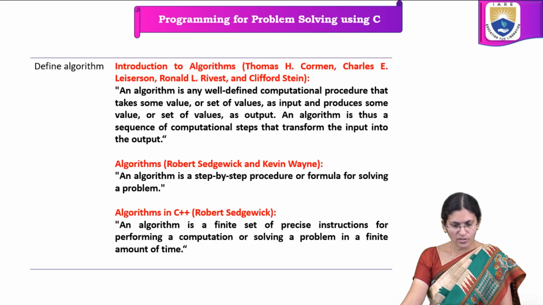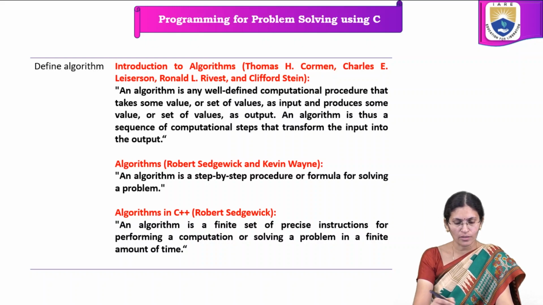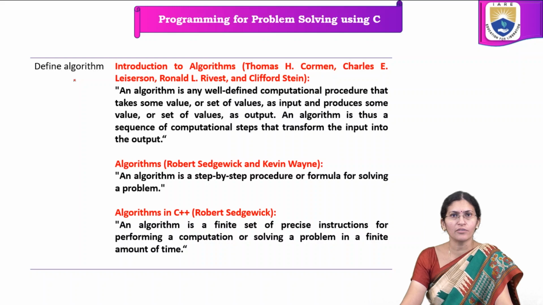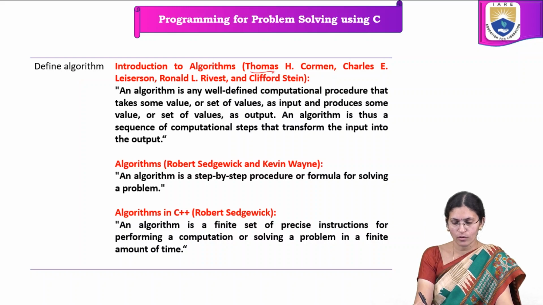So let us see the first one, that is algorithm. First we will see the definition of algorithm. According to various authors, there are different definitions given for algorithm. The first one is in the textbook titled Introduction to Algorithms, authored by Thomas, Charles, Ronald and Clifford.